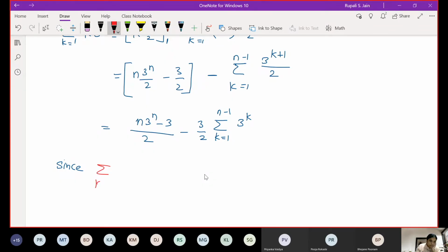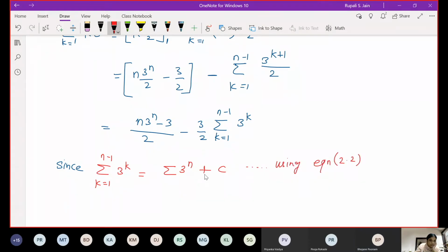What is the summation k equal to 1 to n minus 1 of 3 raised to k? It is equal to the summation 3 raised to n plus c, right? This follows from the formula 2.2, using equation 2.2.